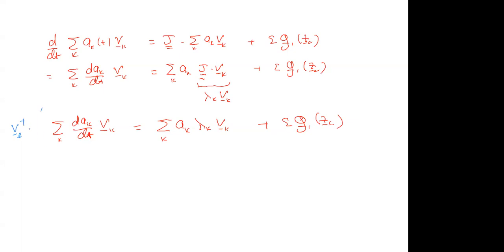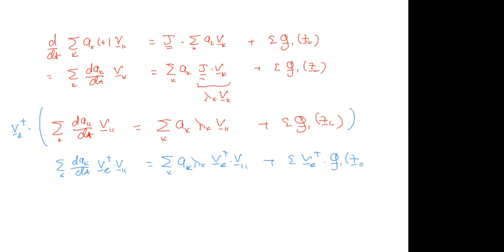I'll put in all the steps: the sum on k of dak/dt vl dagger dot vk equals the sum on k of ak lambda k vl dagger dot vk plus epsilon vl dagger dot G1 of z naught.